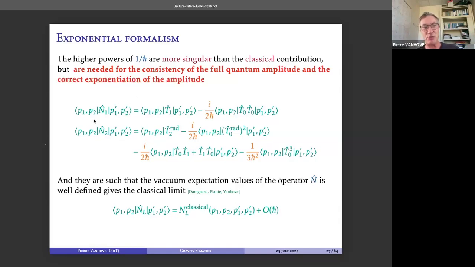Using this relation between n and t, which is taking the log of your S matrix, the way it's properly normalized, this n operator starts with something classical plus quantum corrections. At this level, no information has been lost.